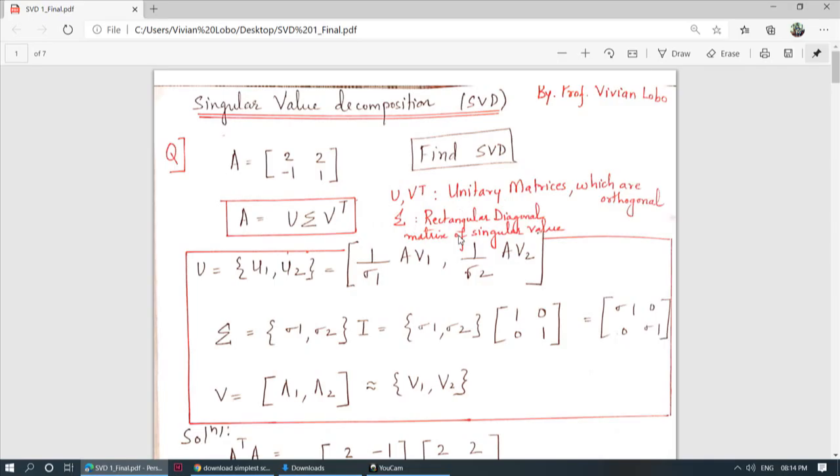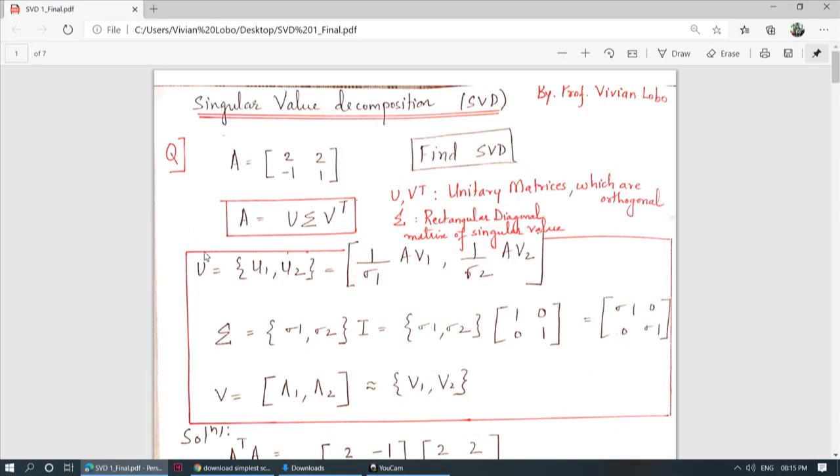You will understand these terminologies as and when we solve the problem. So basically the matrix is split into three elements: U, summation and V transpose, and when we apply some formulas on these three elements and multiply, we must get back our original matrix A. So this is how singular value decomposition works.